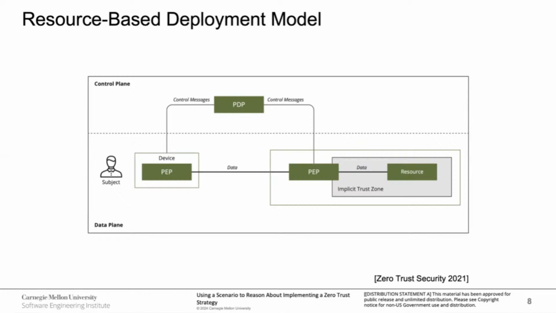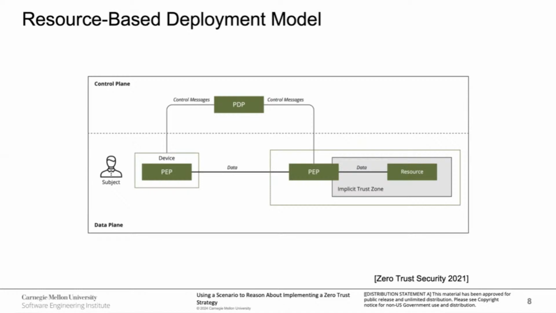And then you have a policy enforcement point in front of the actual resource that's being accessed. And this is an inline PEP. It's on the resource or in front of the resource. And this enforces all the network communication with the resource. So it's receiving all of its access control policy from that PDP.